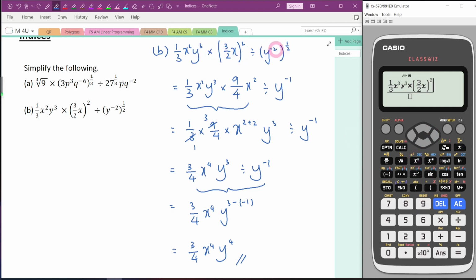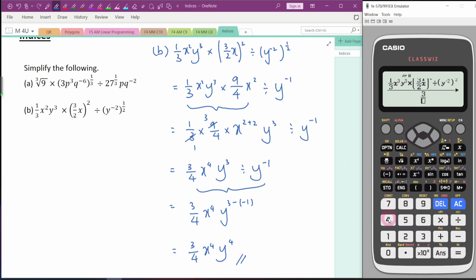Since it looks quite complicated, when you key in, you need to be more careful. Okay, this is y, power 1 over 2.